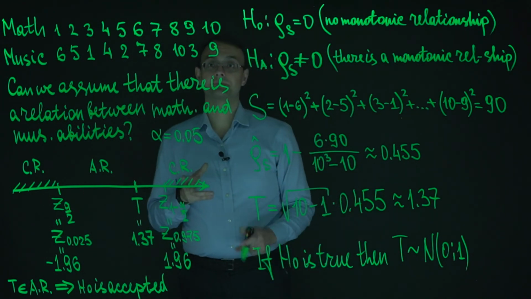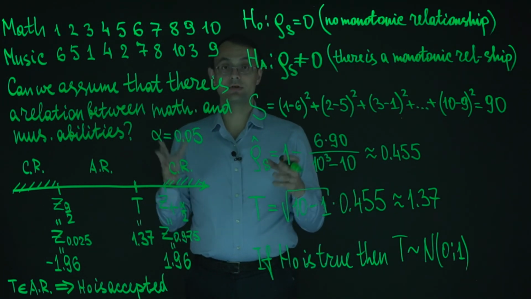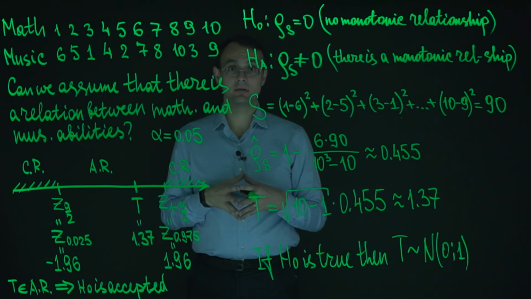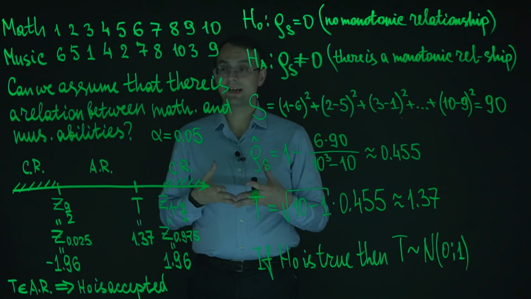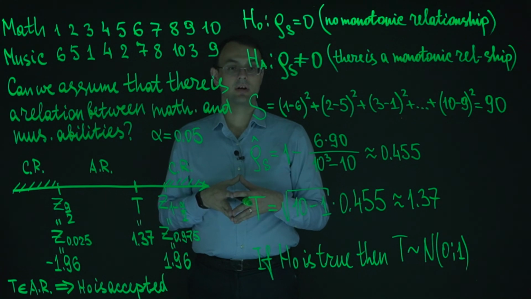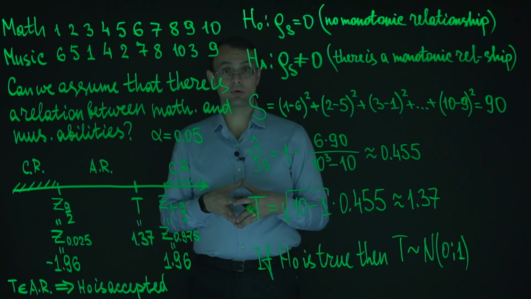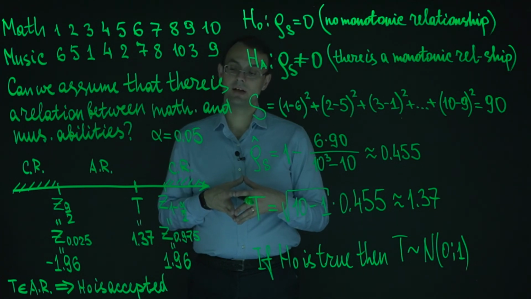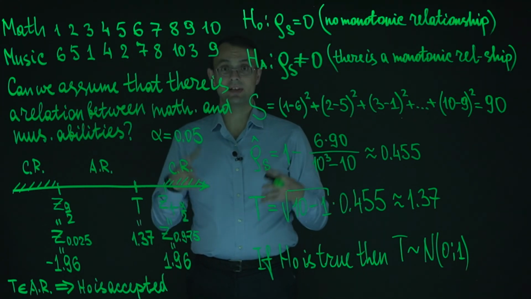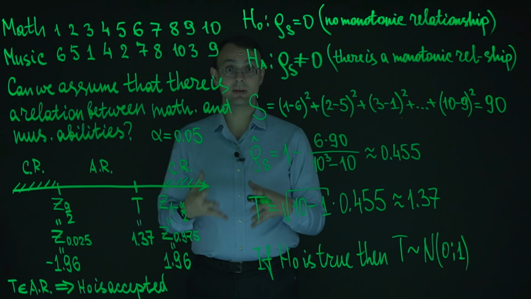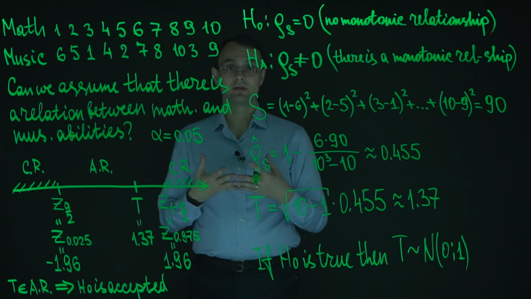So the reason why we have such a situation, sample rho so different from 0 and H0 accepted at the same time, is the small sample size. We have only 10 students.